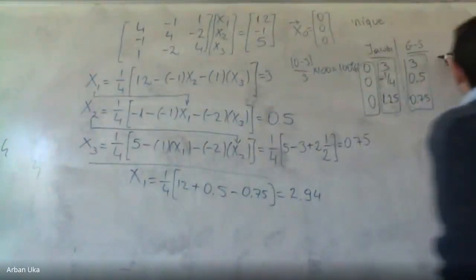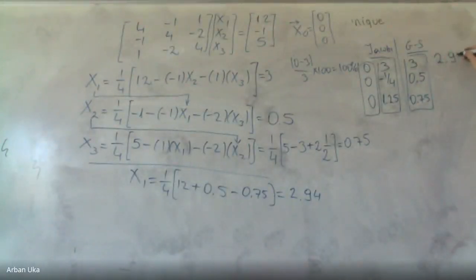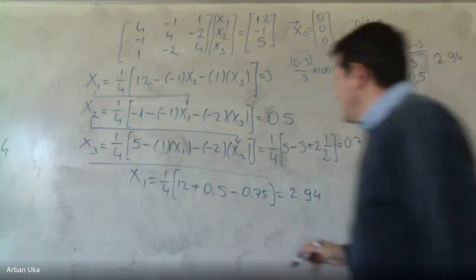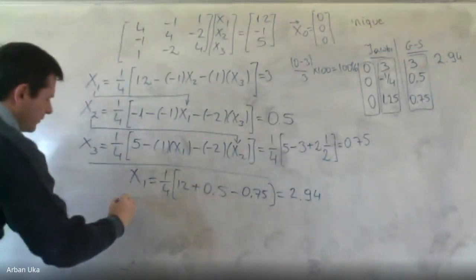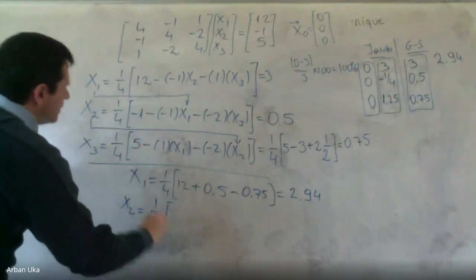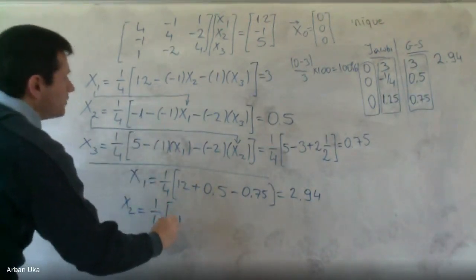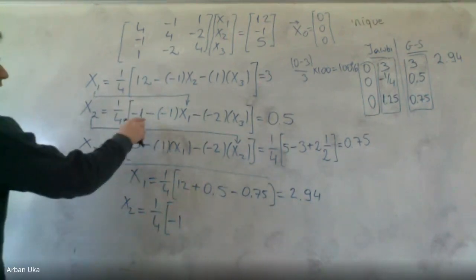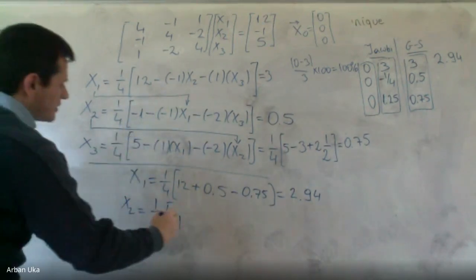So we can write here 2.94. And then we go to x2. x2 is 1 over 4 times minus 1, because this was b2. Minus is plus, so let's do this one.